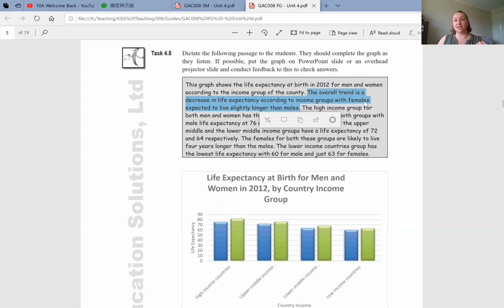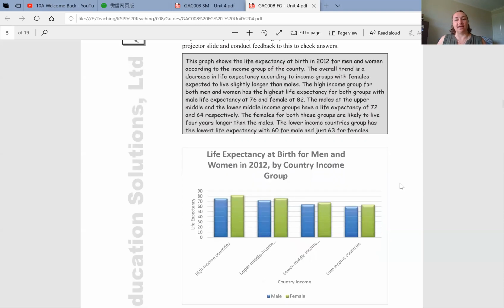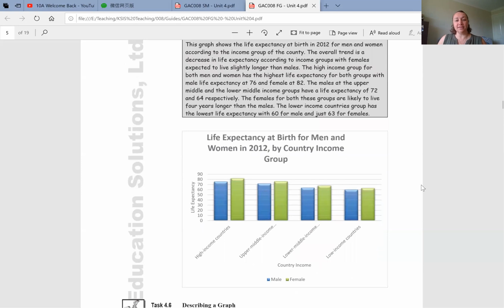So the overall trend is that income group actually impacts life expectancy, okay? So if you've got more money, you have a tendency to live a little bit longer. And also across the board, there's a tendency for women to live longer than men. Yay! Okay. So I'm going to stop there.